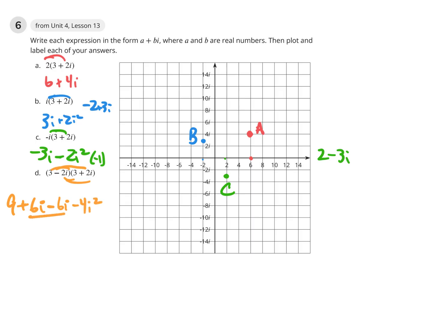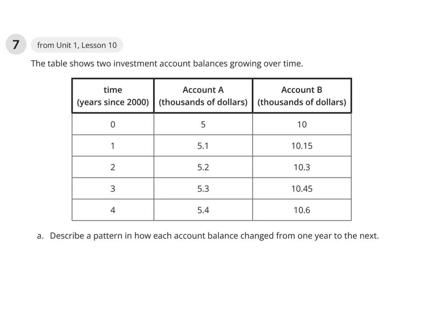The 6i's cancel out. 6 minus 6 is 0. You're left with 9 minus 4 times negative 1. Well, that becomes positive 4. So 9 plus 4 is 13. D is right there.